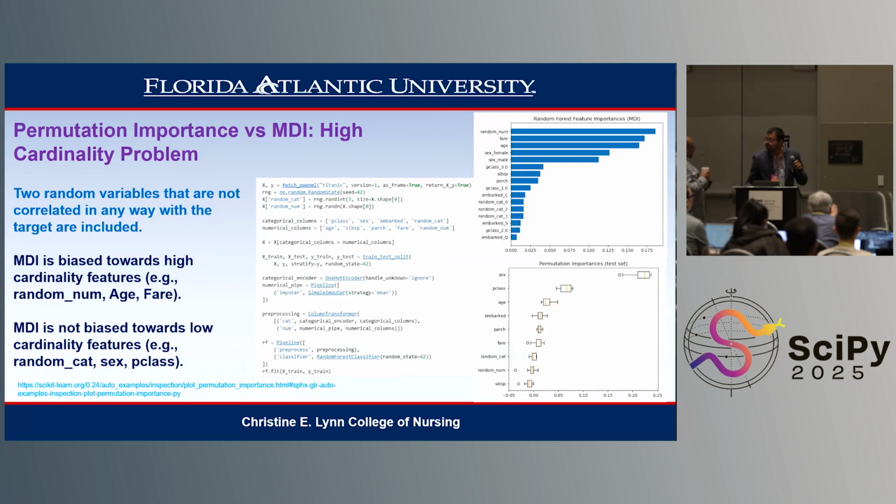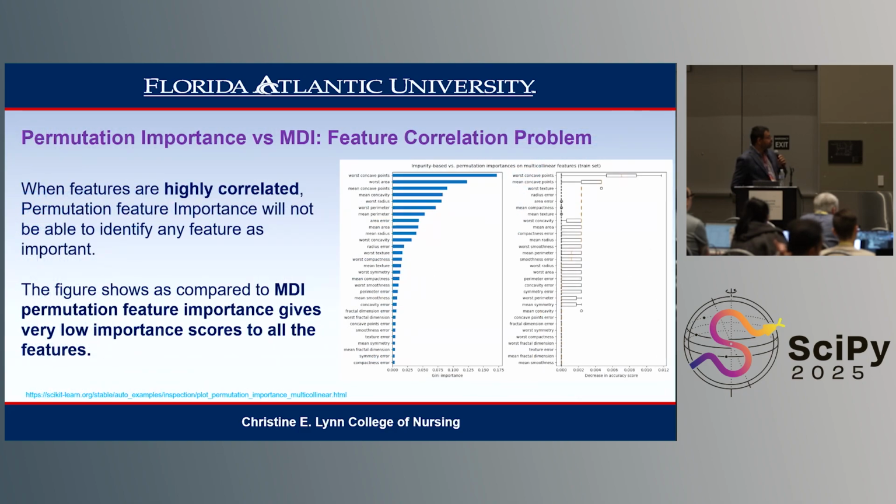And what you see is that when there's a high cardinality, where you have this continuous variable, even though this is a random variable, you are going to see high importance in the MDI importance, but that is not quite the case in permutation. So permutation is kind of immune to this kind of high cardinality of features.